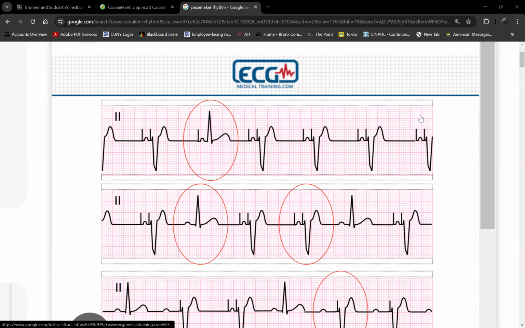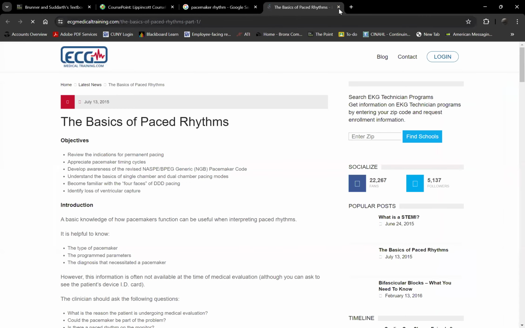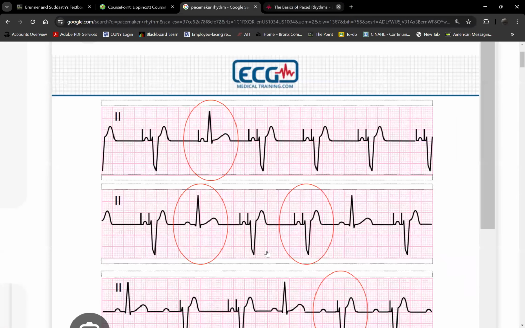So you'll see this instead. Instead of the P waves, you'll see pacemaker spikes here.